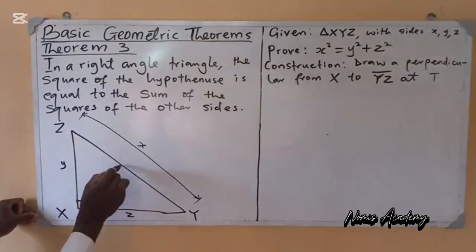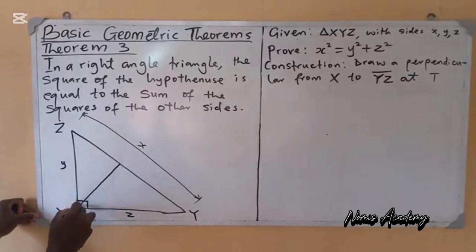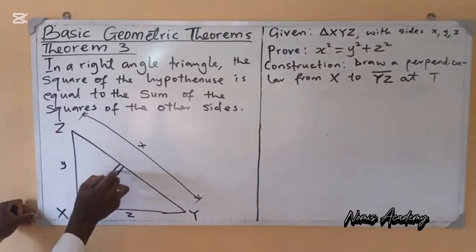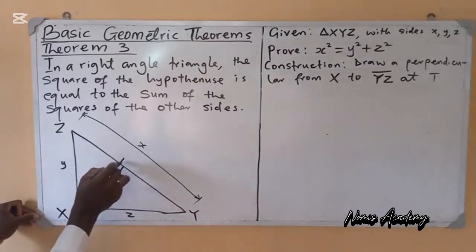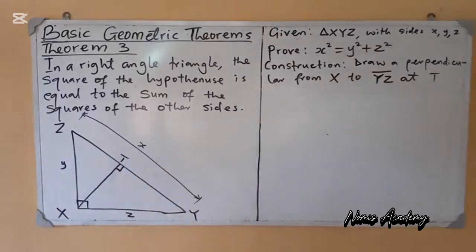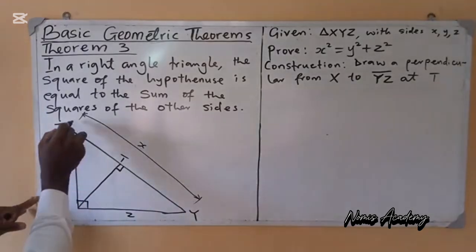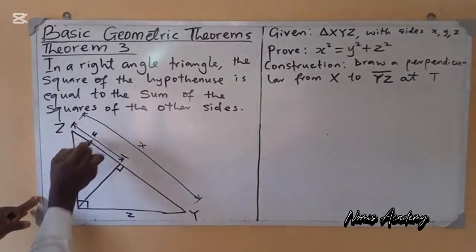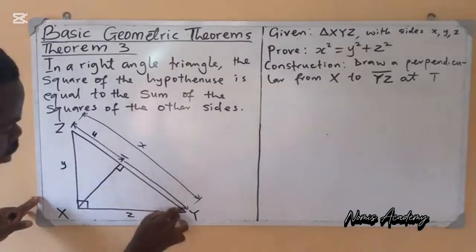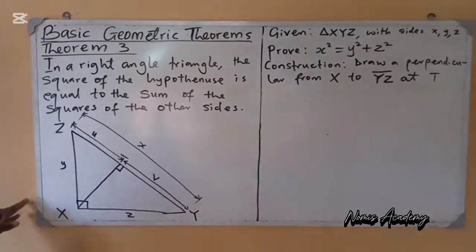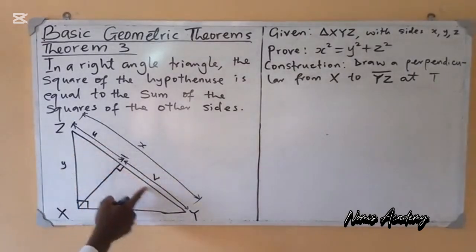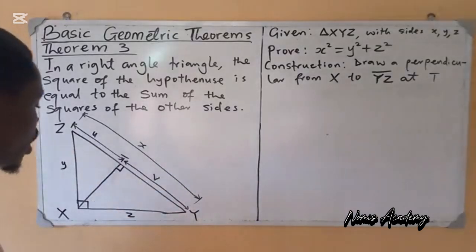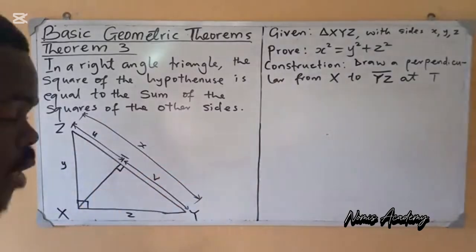We draw a perpendicular from X to line ZY. So meaning that this angle here is perpendicular, and we call this point T. We can also state that this part from here to here is U, and from here to here is V. So this side is U, while this side of this triangle is V. Mind you, what we have inside are two right angle triangles inside the whole right angle triangle.